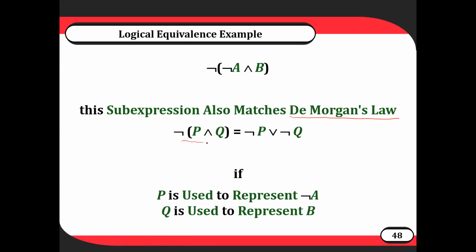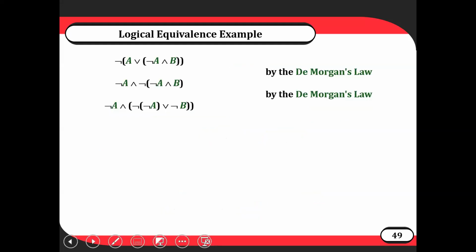De Morgan's law is: not (P and Q) is equal to not P or not Q. So we can replace P by not A and Q by B, and then apply De Morgan's law. So we've gone from here to here. We flipped this operator, and we've applied negation to not A and negation to B. Is everybody following? Questions?